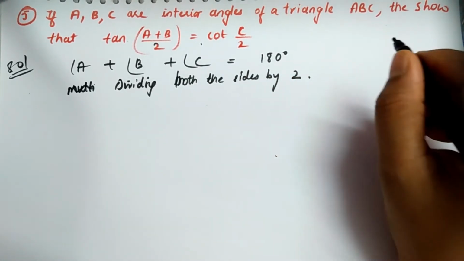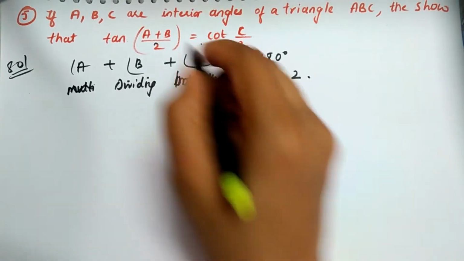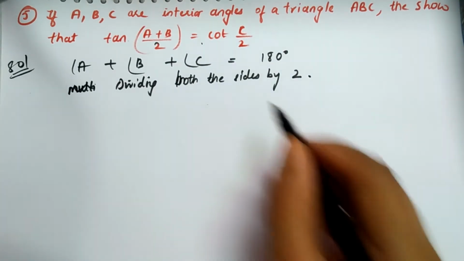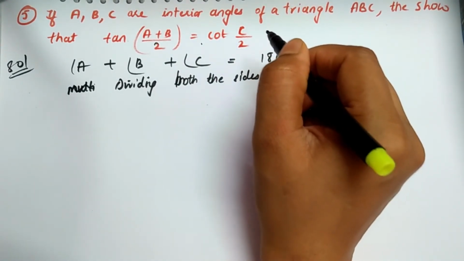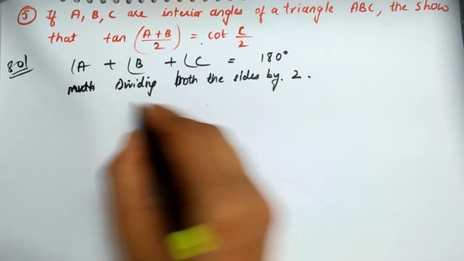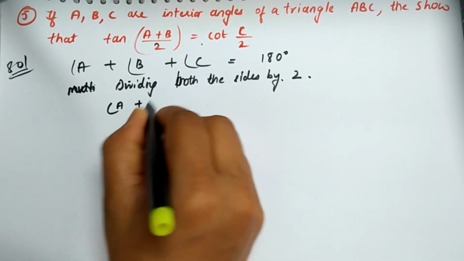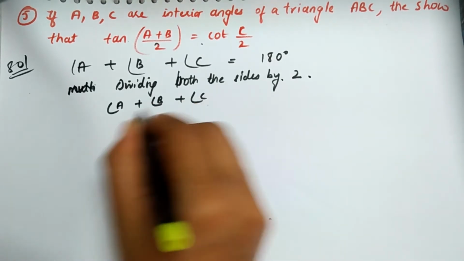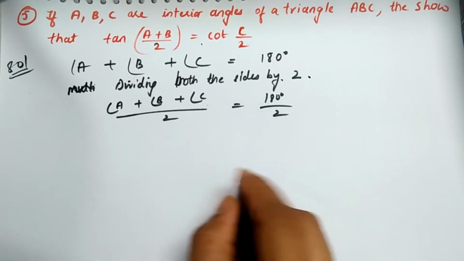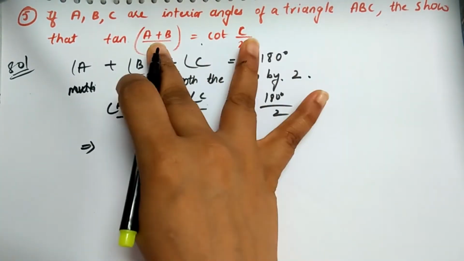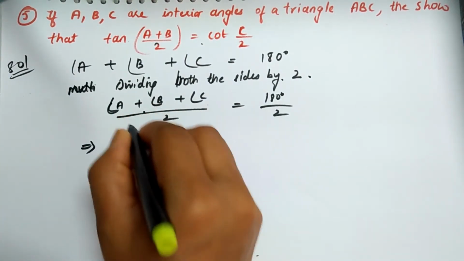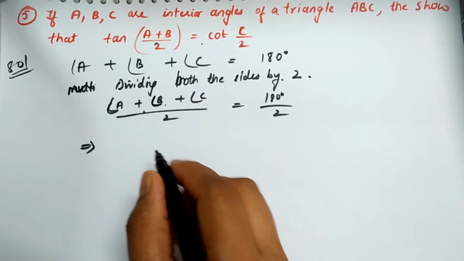Why are we doing that? Because seeing the demand of the question, we make our answer. Always when there's something to prove, we need to adjust accordingly. So angle A plus angle B plus angle C divided by 2 equals 180 degrees divided by 2. Seeing the question, we just remove the angle for ease.